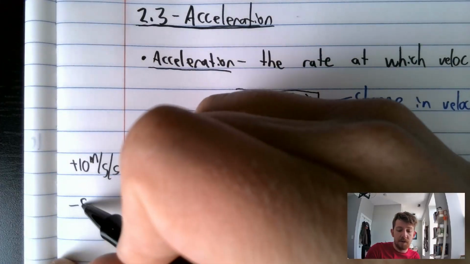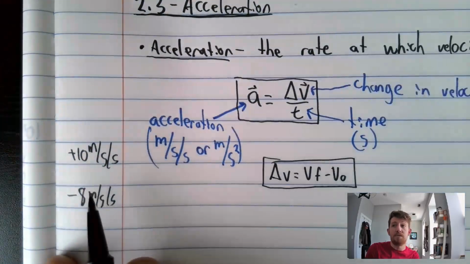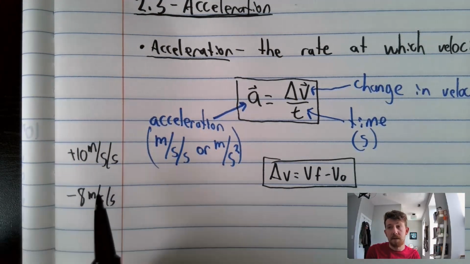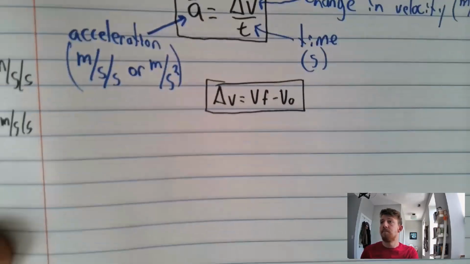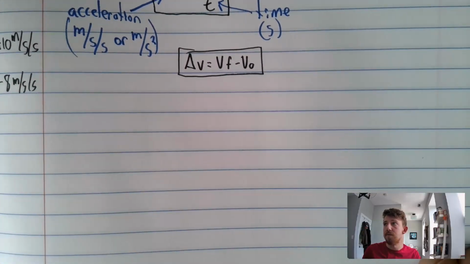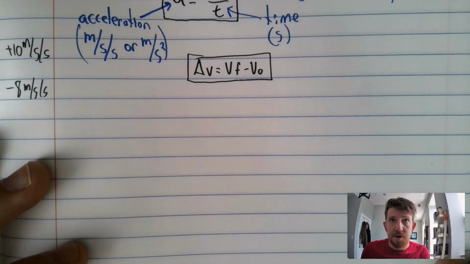Or if your acceleration is negative 8 meters per second squared, you're going to lose 8 meters per second of speed, velocity, every second. So let's take these ideas and apply them to an actual situation we can picture.